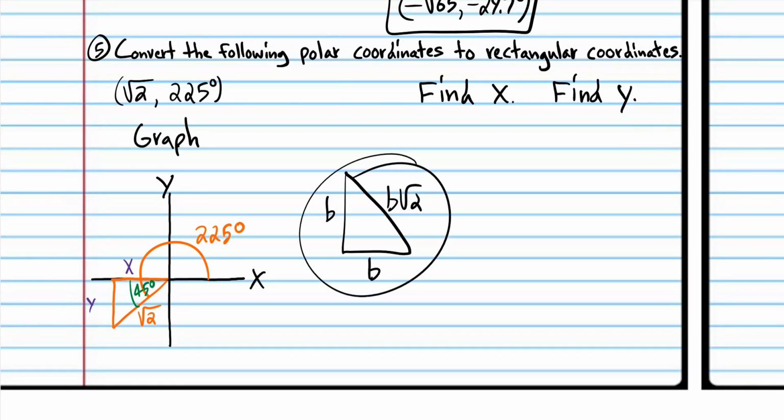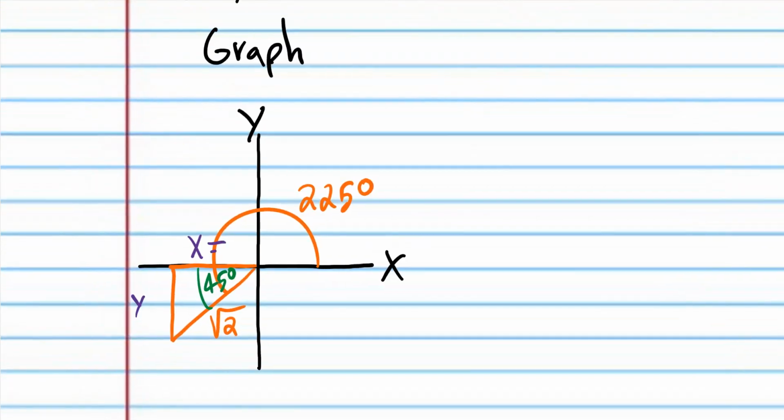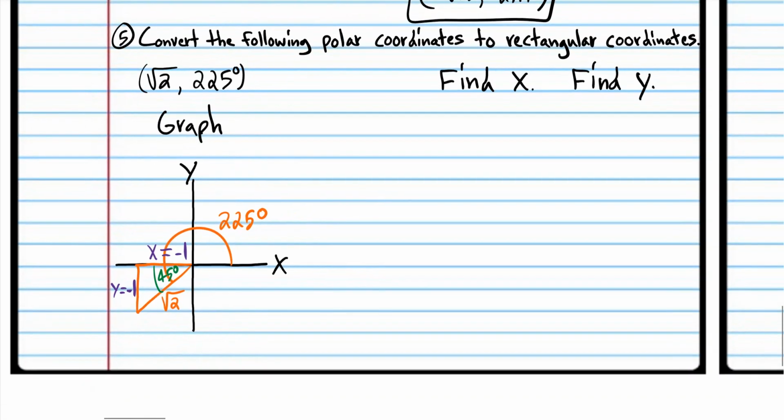So if B is 1, then you get root 2 as the hypotenuse. So that means that the sides are 1, but x has to be negative 1 and y has to be negative 1 because we're going to the left and down.